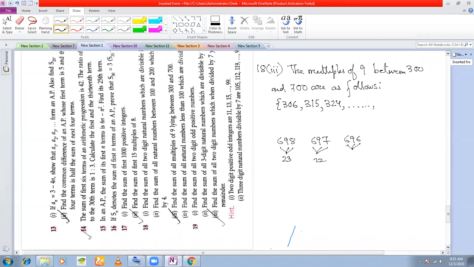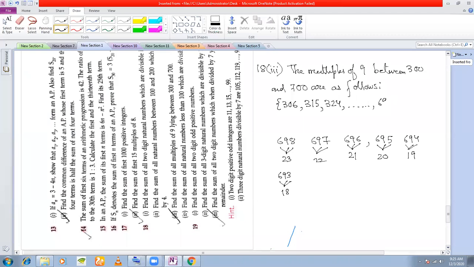Add up the digits: 12 plus 9, 21. Not a multiple of 9. 695: 14 plus 6 is 20. Not a multiple of 9. 694: 13 plus 6, 19. Not a multiple of 9. So it will be 693. Yes, in 693 the sum of the digits is 18, which is a multiple of 9.